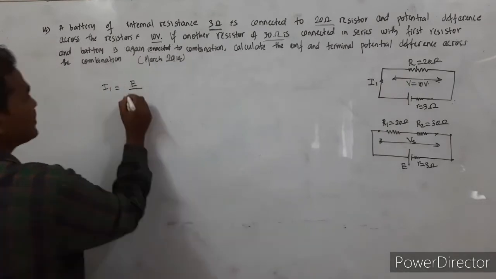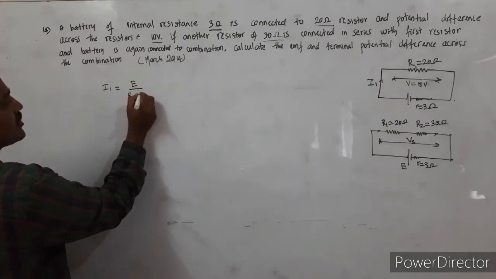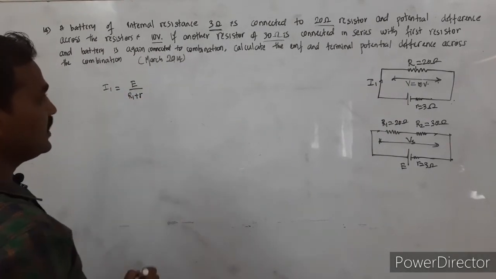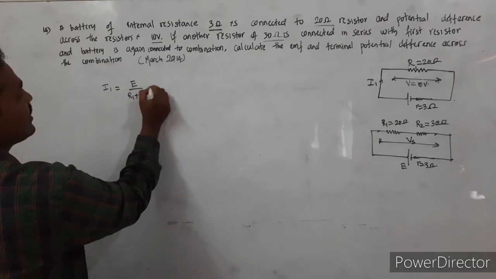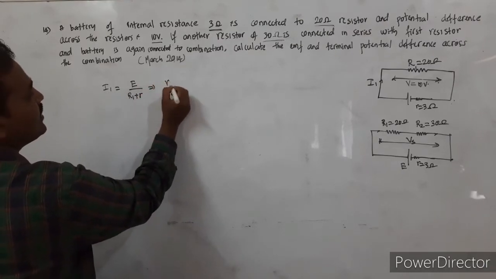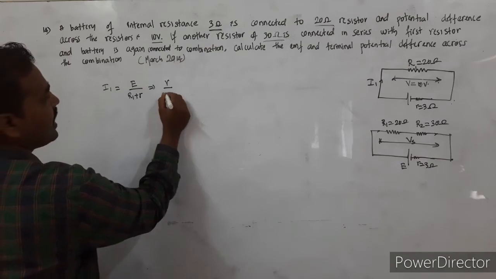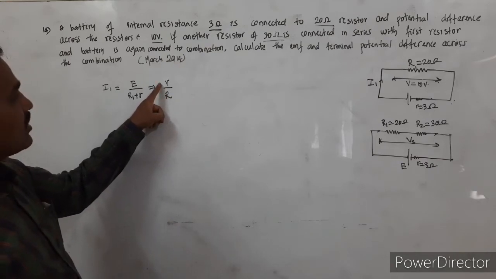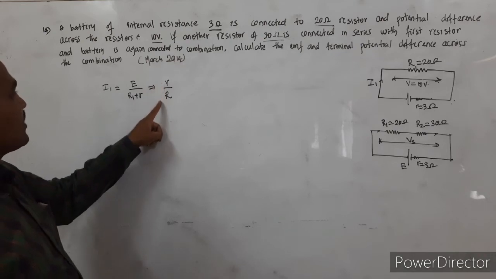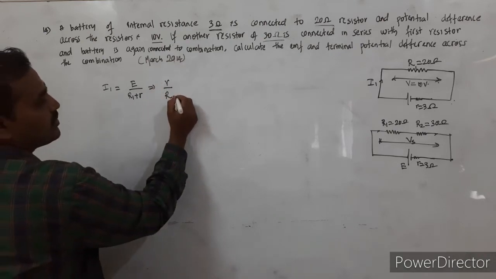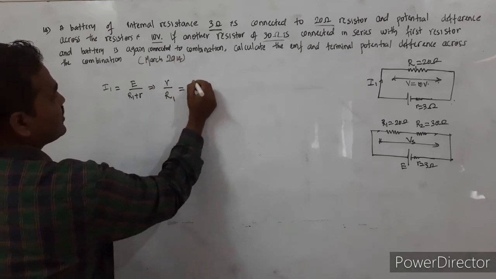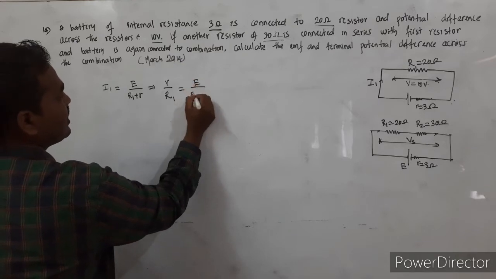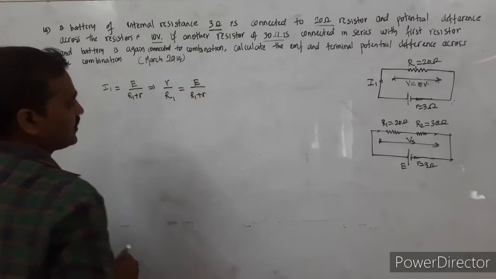That is nothing but R1 plus small r. And this I1 can also be written as V divided by R1, where V is nothing but the terminal potential here. So V divided by R1 is equal to capital E divided by R1 plus r.